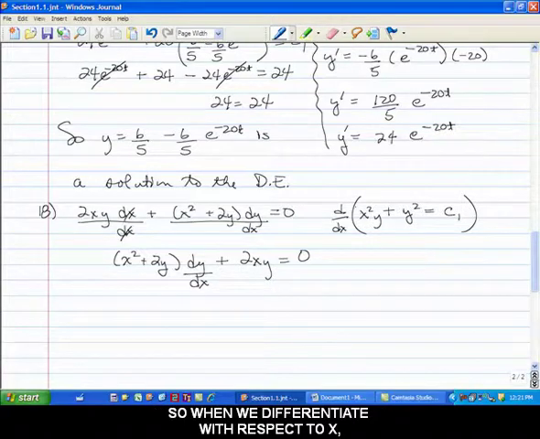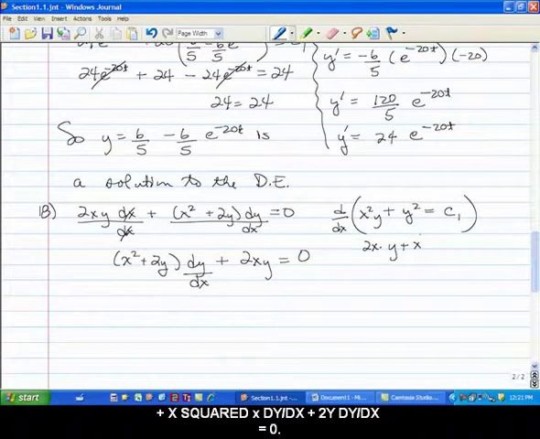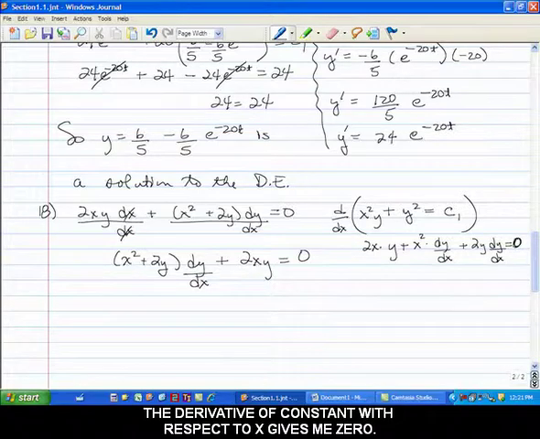So when we differentiate with respect to x, it's going to be 2x times y, just using the product rule, plus x squared times dy dx, plus 2y dy dx equals 0. The derivative of a constant with respect to x gives me 0.